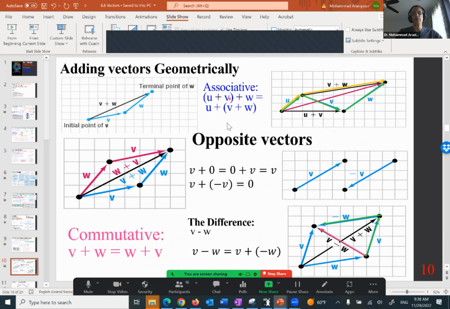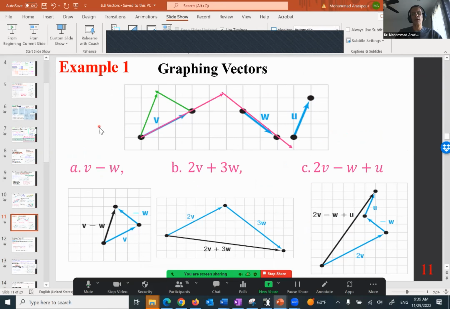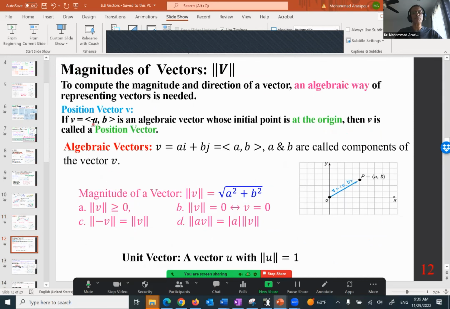Adding vectors geometrically, the concept of opposite vectors, which gives rise to the difference. So v minus w means v plus the opposite, or minus w. And we looked at some examples involving this concept.